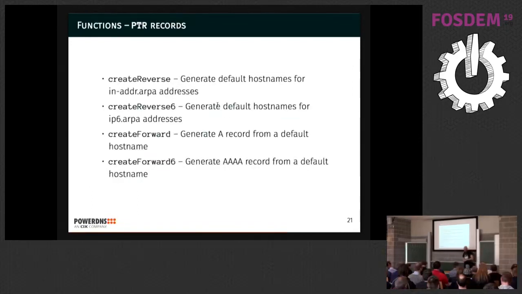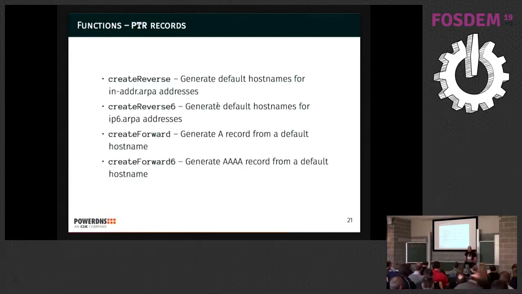So PTR, there are a bunch of drafts. I'm pretty sure they're all expired, to automatically create reverse records in zones. So within BIND you can use $GENERATE if you want to have certain names generated.